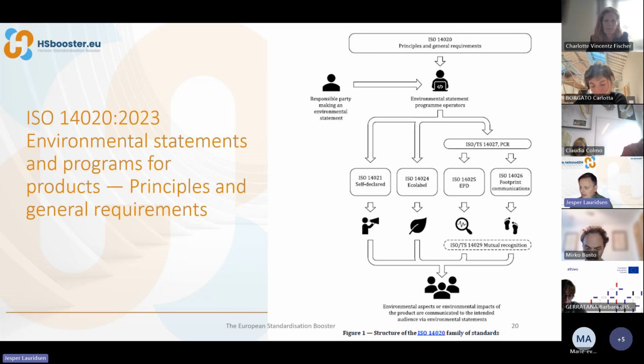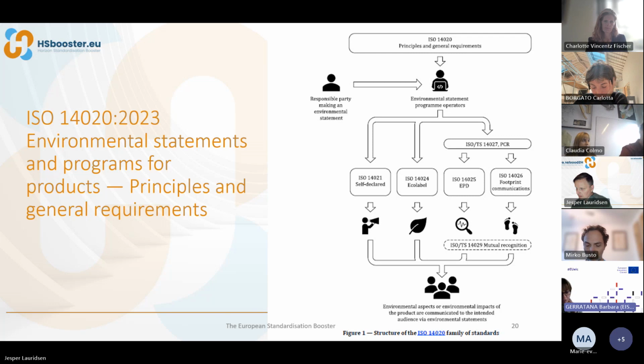And then if, let's say, the Commission wants more people to do self-declaration in the future, then you can say it is good enough if the companies live up to the 14,021, because we don't want to make the companies do an external verification procedure. Does that make sense, Barbara, a little bit?